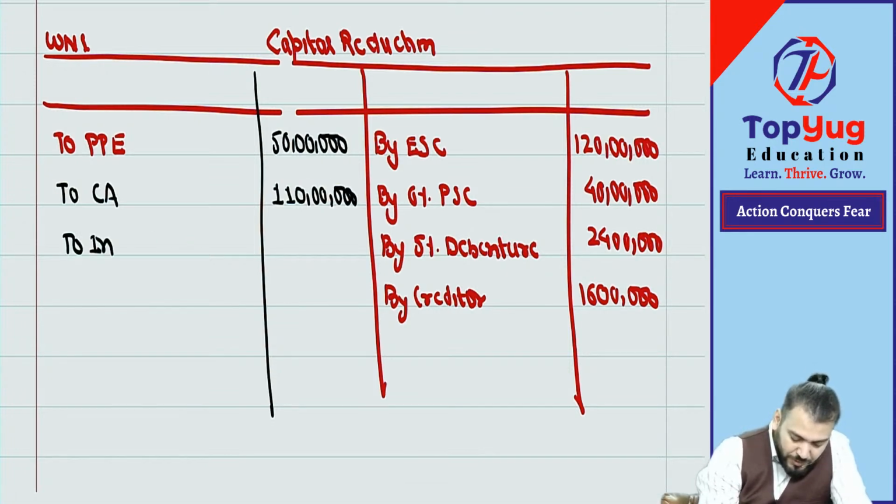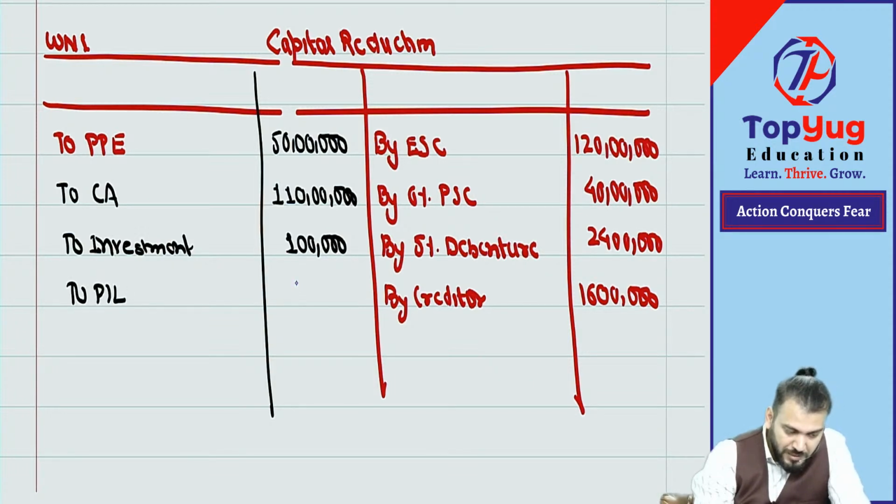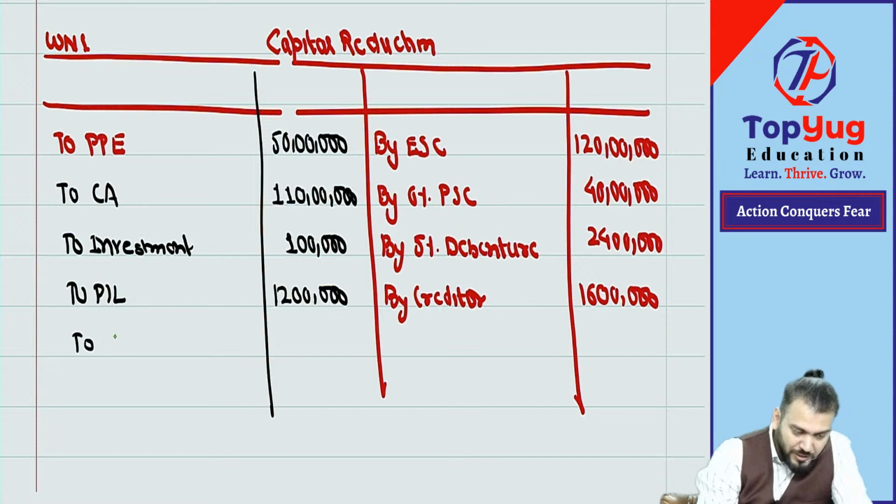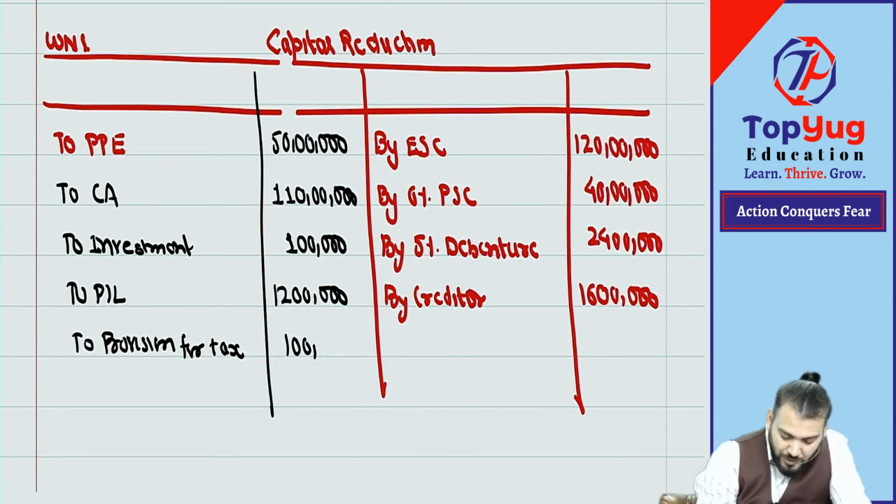To investment how much? 1 lakh. Then I think PL account is here. To PL how much? 12 lakh. And there is one provision for tax now. To provision for tax how much? 1 lakh. Done.